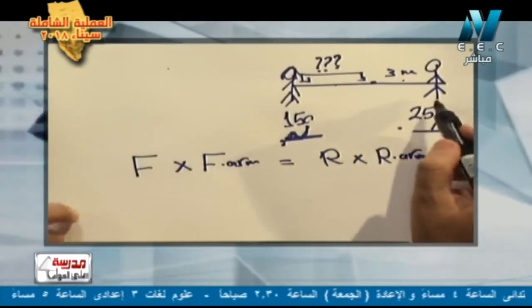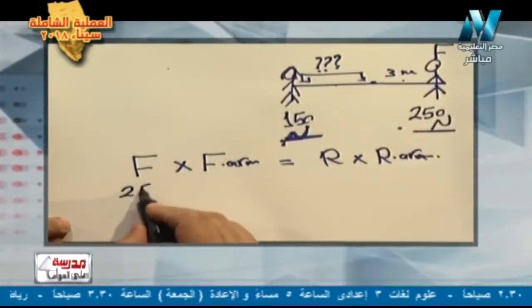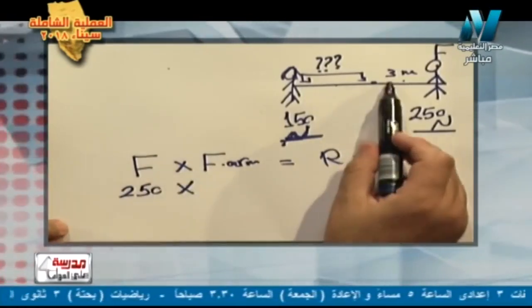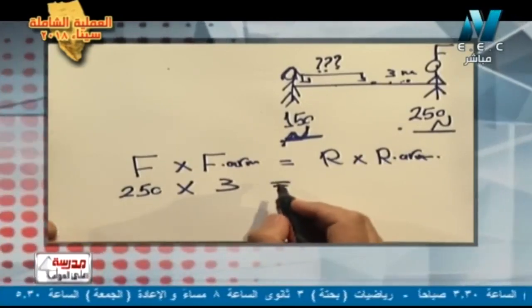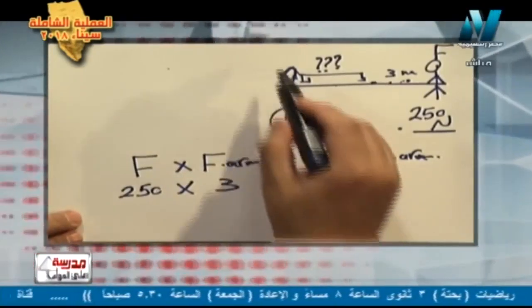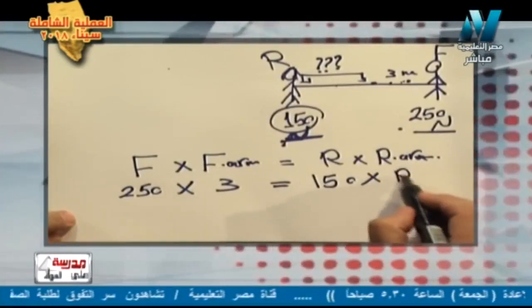So I can say the boy is the effort force: 250 by 3 meters, since the boy has the distance of 3 meters. This equals the resistance, surely the girl: 150 by the resistance arm R.